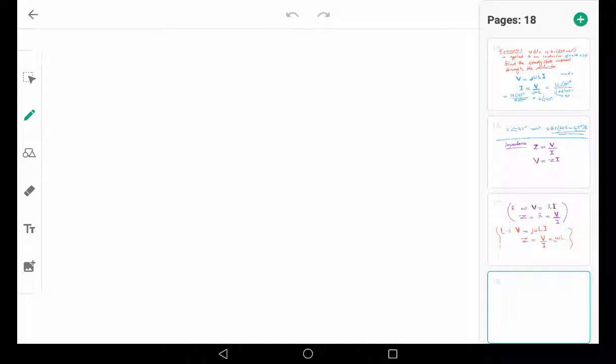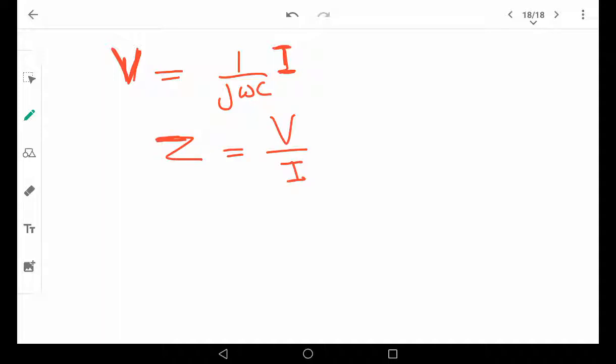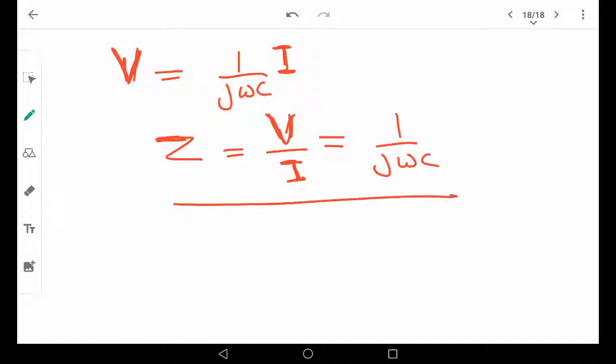Similarly, if you take a capacitance, the phasor relation is V equal to 1 by j omega c into I, right? So Z equal to V by I, and you can write it as 1 by j omega c.